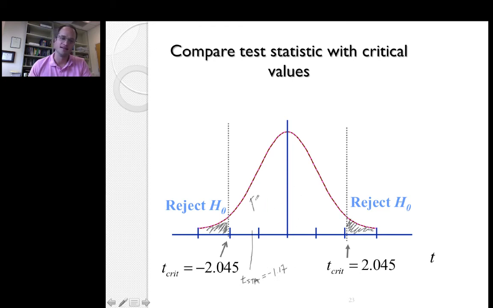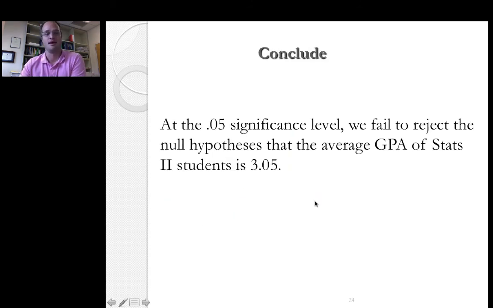And so I'm failing to reject the null hypothesis, finding support in favor of the null hypothesis. All right. At the 0.05 significance level, we failed to reject the null hypothesis that the average GPA of stats students, I think was the original question, is 3.05. So again, we find evidence in favor of the null.